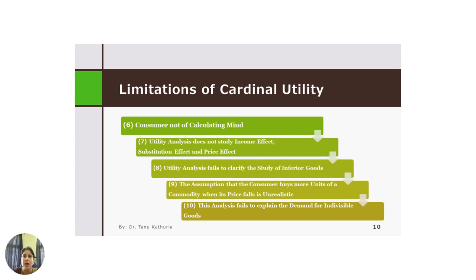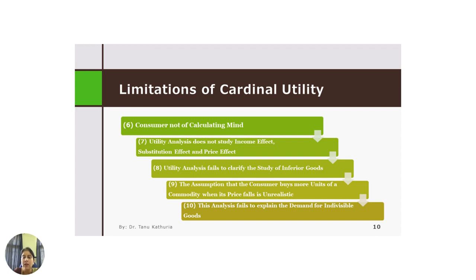I cannot say that I will not consume more because the price has increased. If I need, I will consume more. I cannot say that I will not consume more because my income has fallen. And I cannot say that I will stop consuming tea because its substitute, coffee, is available in the market. That's how we cannot measure these things in the cardinal approach.